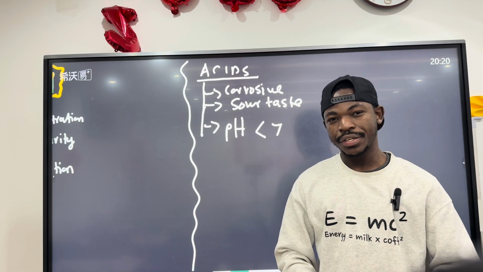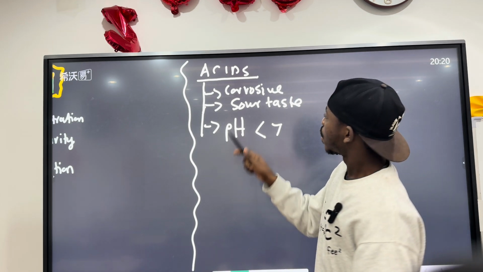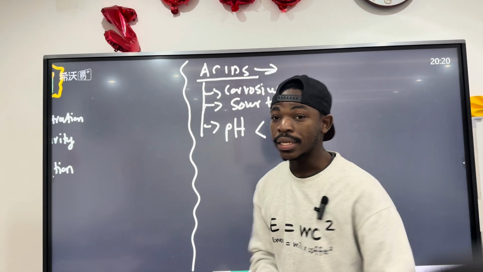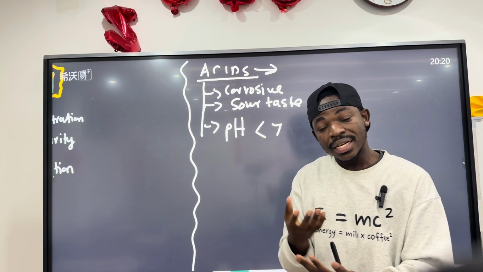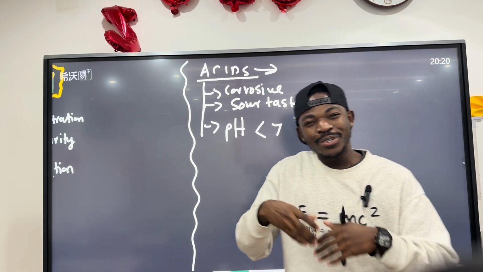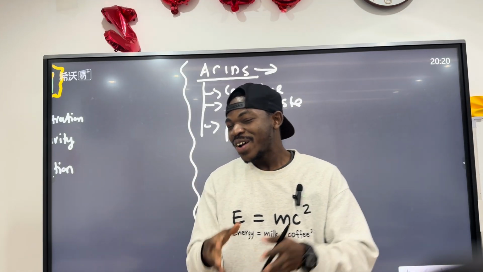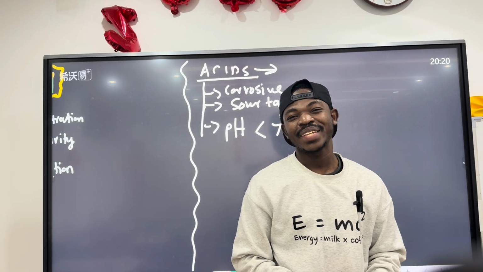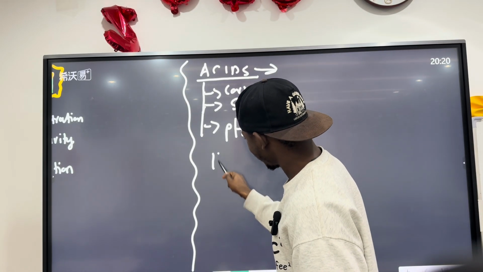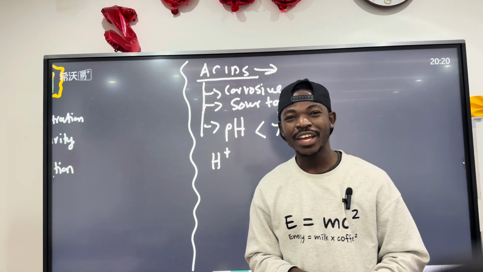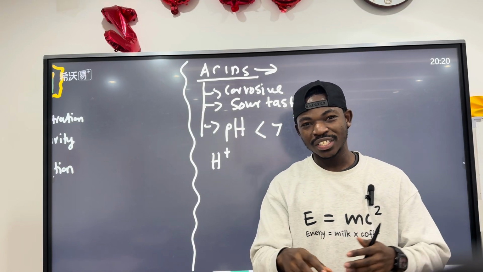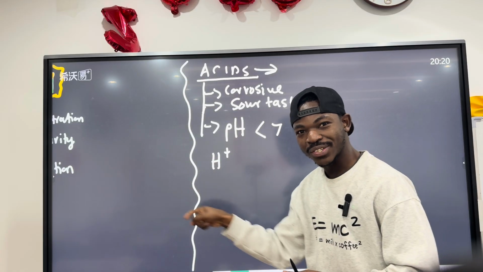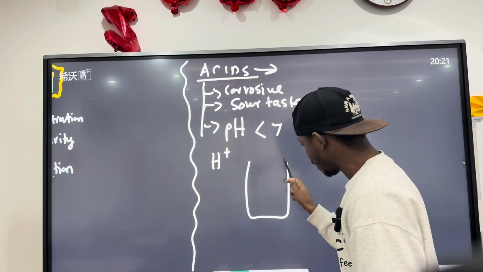So let's create a definition for an acid. An acid is a chemical substance that dissolves in water and produces hydrogen ions as the only positively charged ions in solution. You know hydrogen ions act like a proton. So every acid that dissolves in water will produce these little ions.